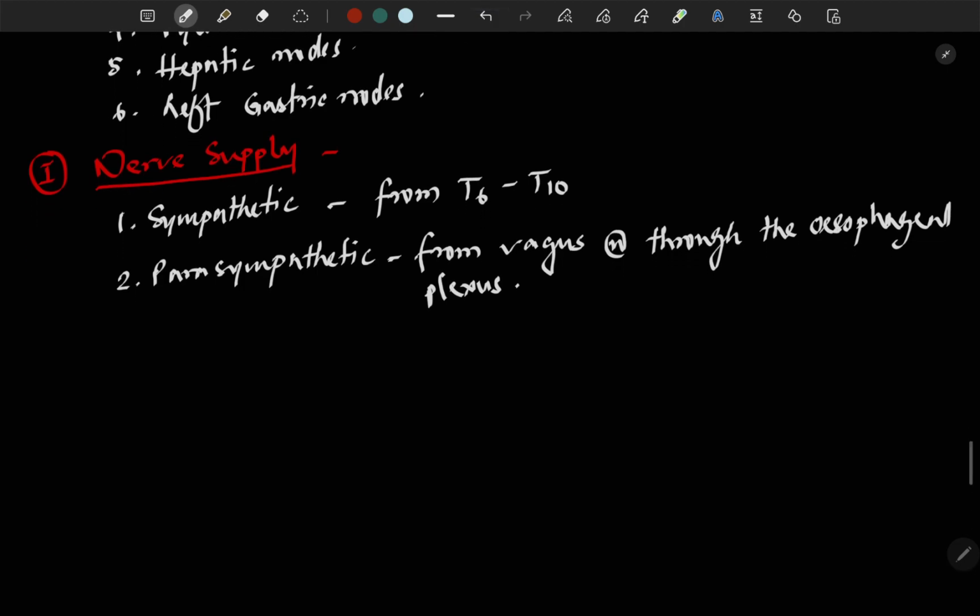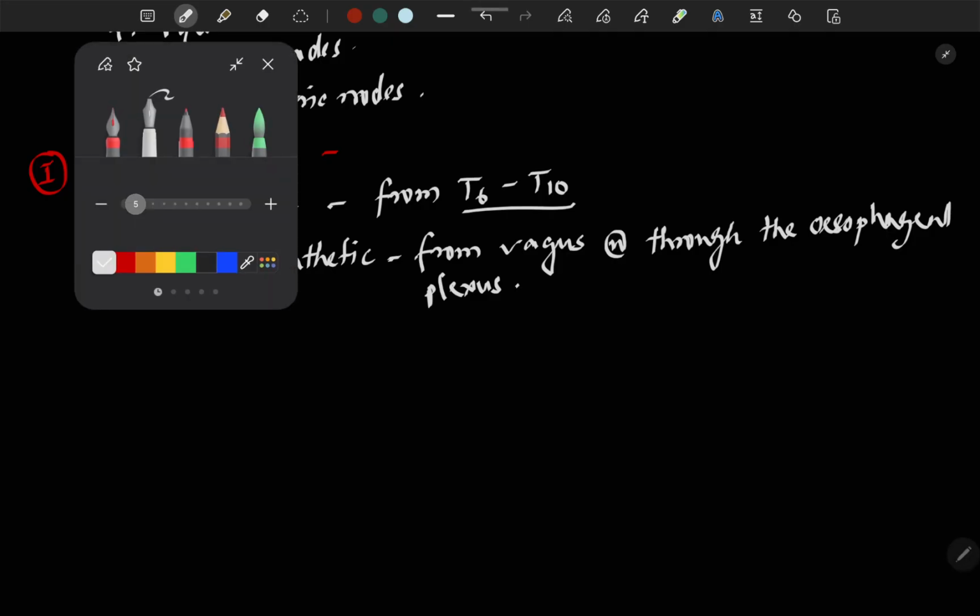These are the 2: sympathetic nerve supply from T6 to T10 nerve roots, and parasympathetic from the vagus nerve through the esophageal plexus.